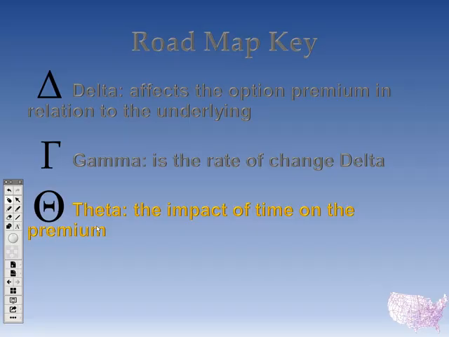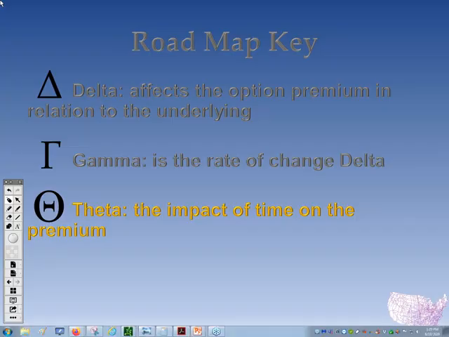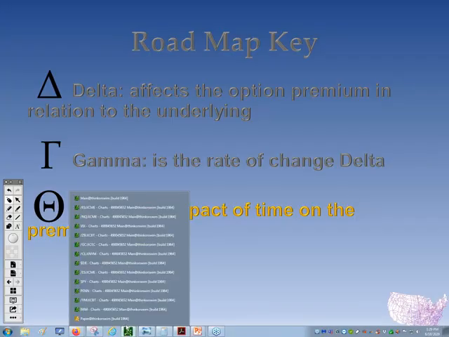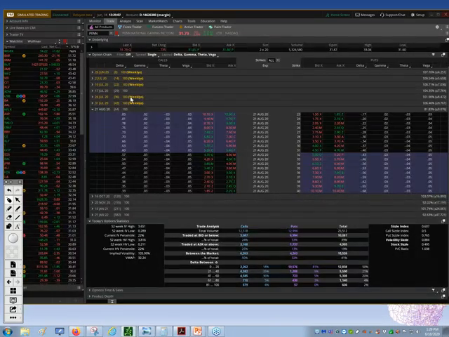So theta is the thief in the night. And theta actually picks up momentum as we get closer and closer to expiration. Theta starts really ramping up its erosion of those premiums.